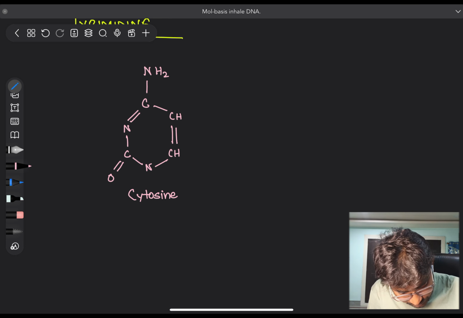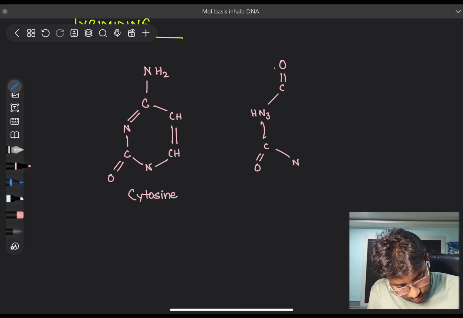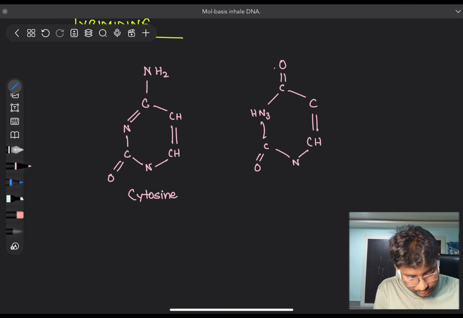And the structure of thymine: oxygen double bonded with carbon, single bonded with N3H, and this N single bonded with carbon, double bonded with oxygen, single bonded with nitrogen, single bonded with carbon, double bonded with carbon, hydrogen, and single bonded with nitrogen.